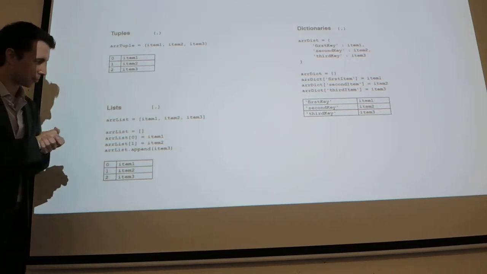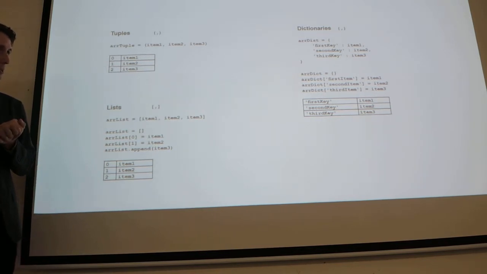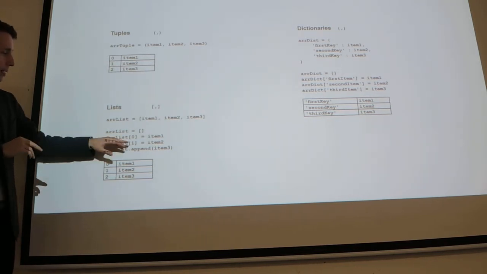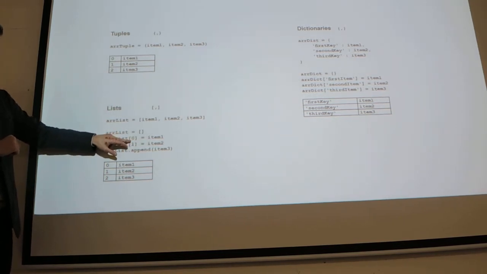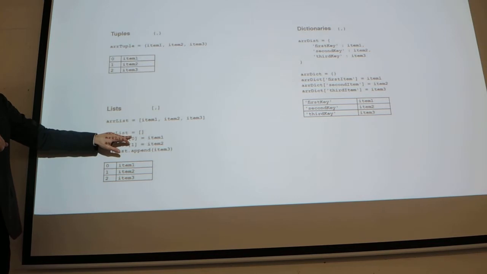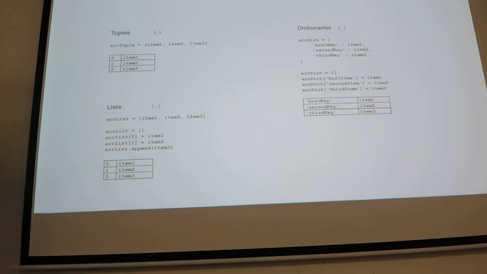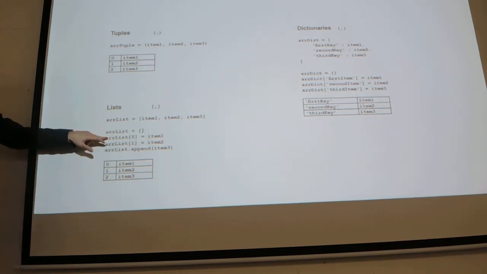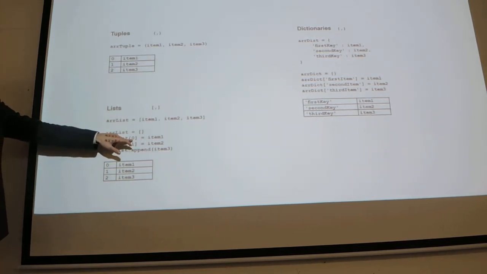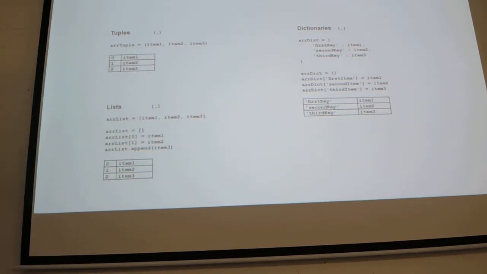In almost all programming languages, I will say VB is an exception to this in my head right now, you access items in the list using square brackets after the variable name. So to get item 1 or to set item 1, we say array list index 0 equals that item. We can retrieve it the same way.